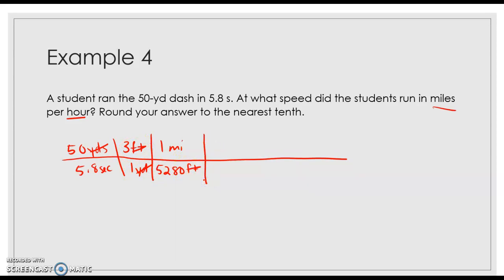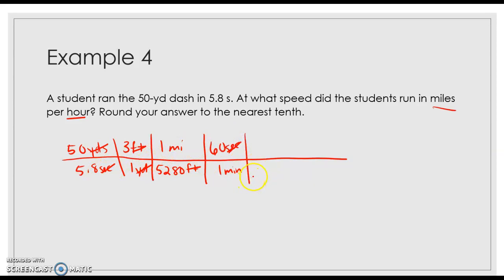Now, from here, I'm going to go ahead and make my seconds into hours. And so seconds are on bottom, so I need to put the fact that there are 60 seconds in 1 minute. So 60 seconds is going on top, minute on bottom, so that my seconds cancel out.